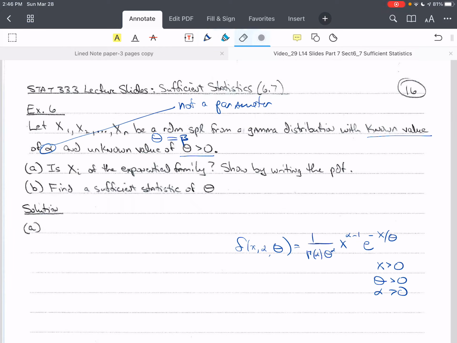I get my textbooks mixed up, we don't use beta in this textbook. So that's our continuous PDF.